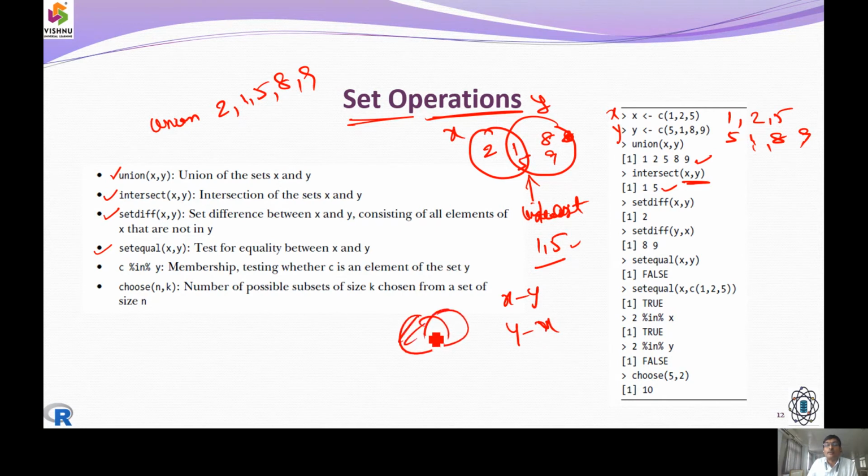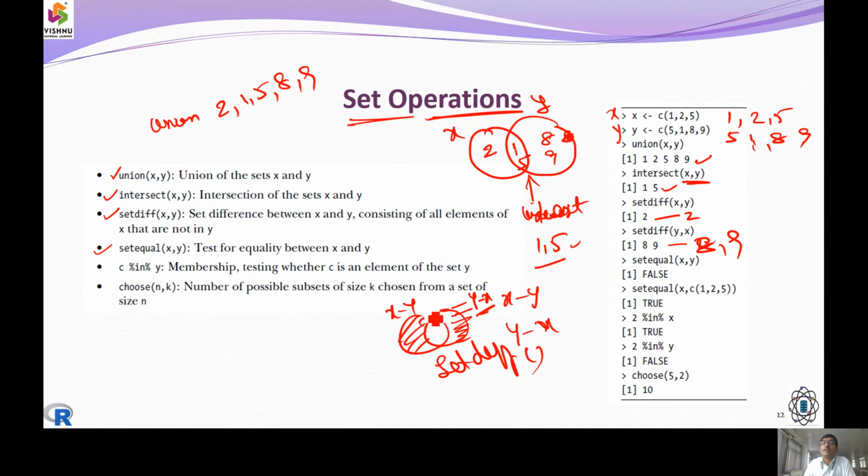So this is x minus y, and this displays the right hand side, it is y minus x. So we get the set difference as 2 and the set difference as 8 and 9. So that's how we put the values with the set difference function.